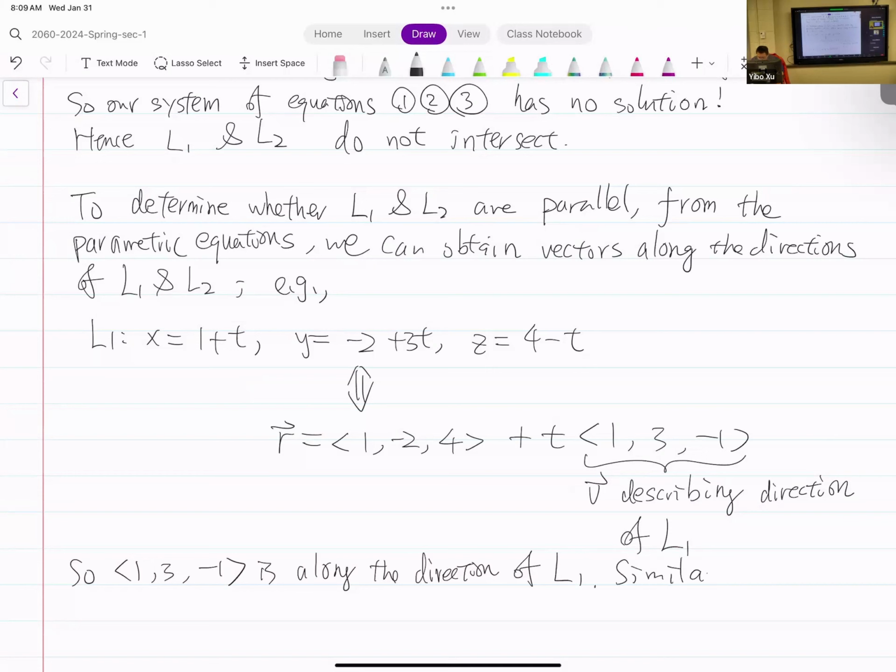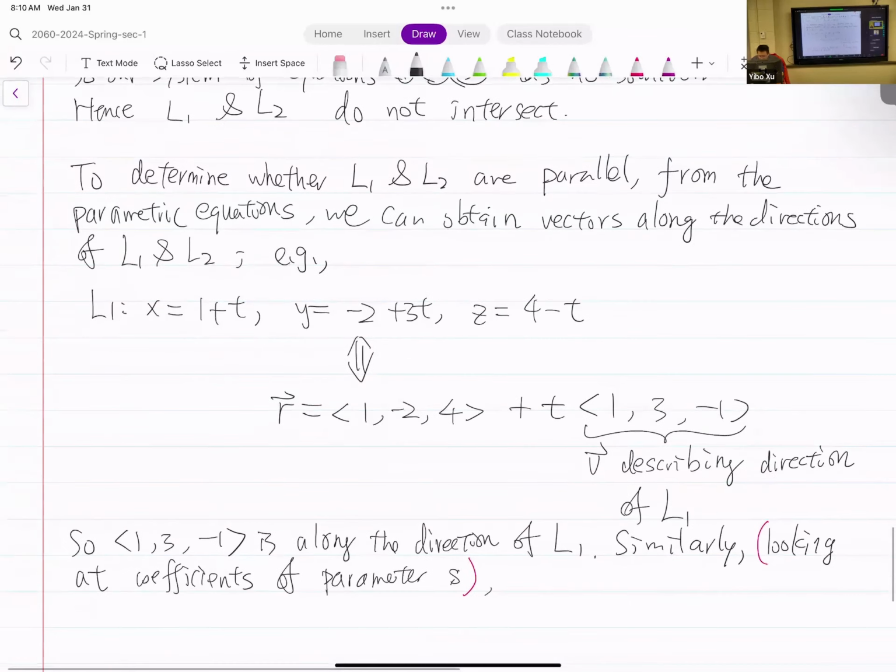Similarly, looking at the coefficients of parameter s, well, this step you don't necessarily need to write out explicitly, but basically we are looking at the coefficients in front of s.